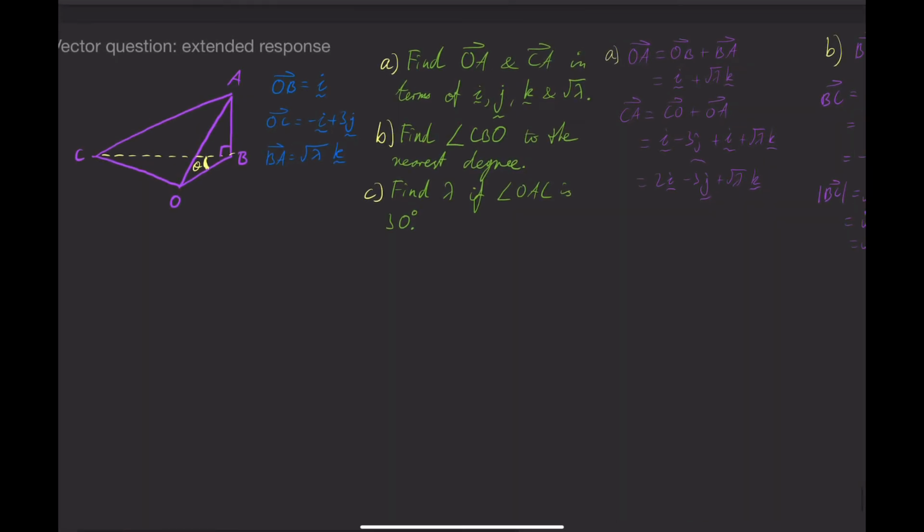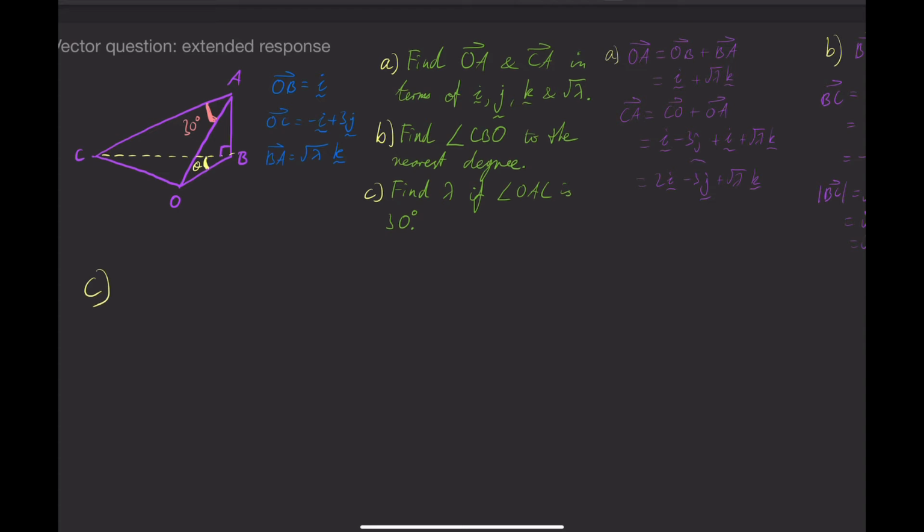Now we want to find lambda if angle OAC is equal to 30 degrees. So we're looking at this angle here, and that's 30 degrees. Again, we're going to use our dot product for this.